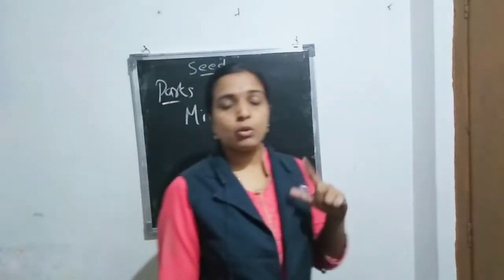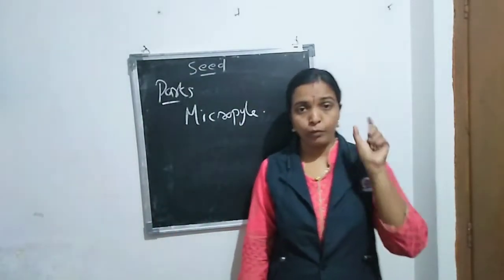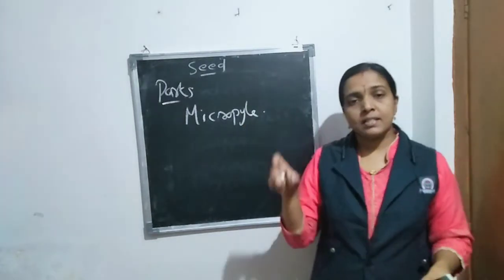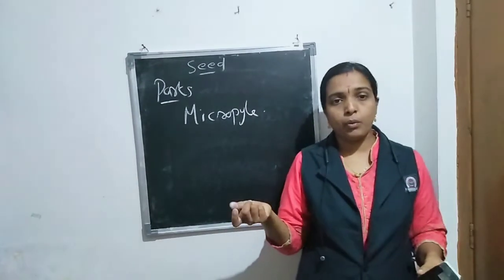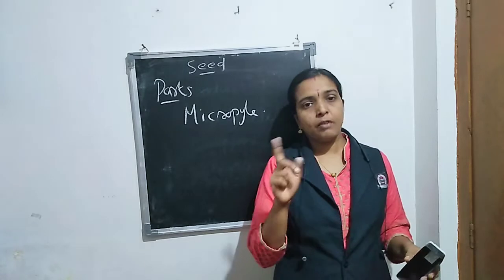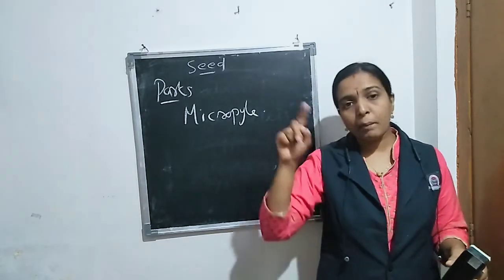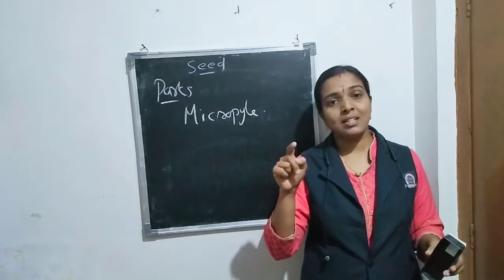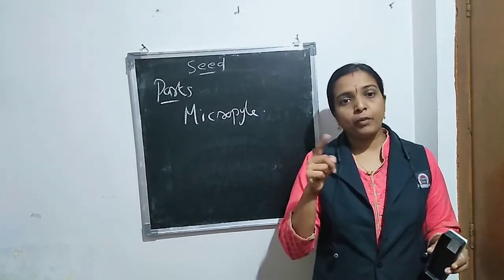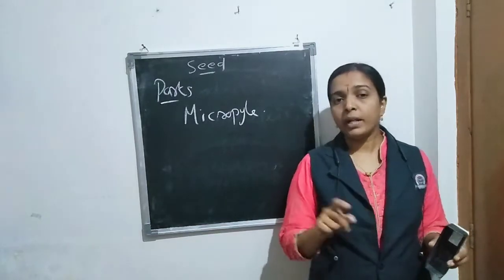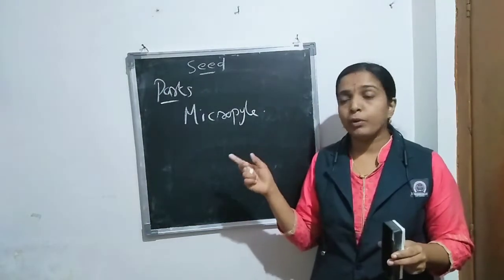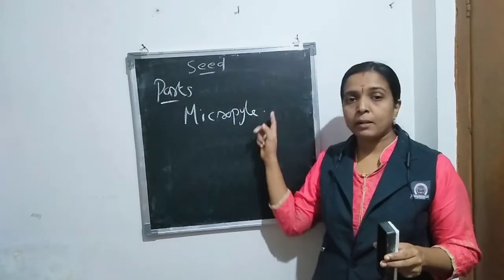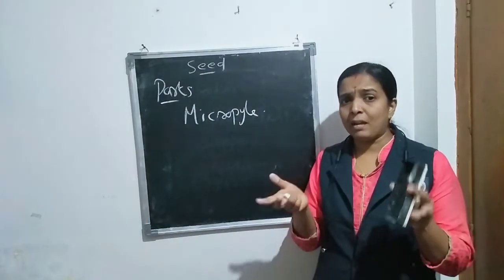This micropyle is also found in the ovule. Ovule becomes the seed. The same is also found in the ovule, but the function is different. In ovule, micropyle helps in the entry of the pollen tube, through the opening. That opening found in ovule is called a micropyle. These are morphologically the same openings.